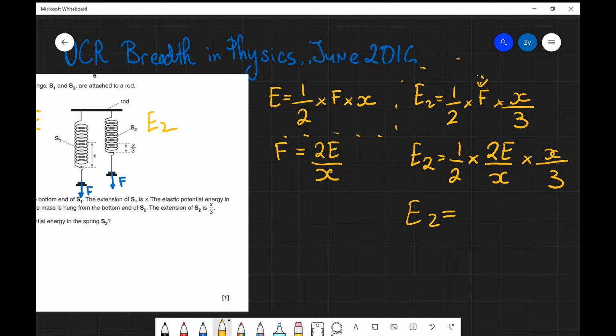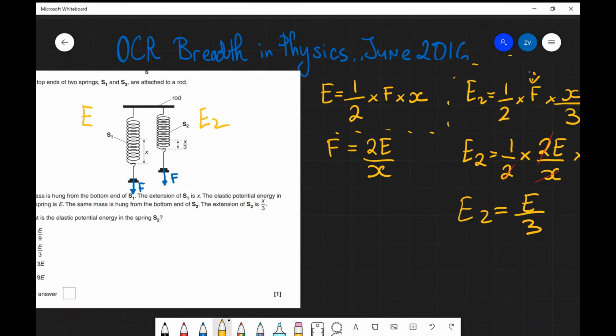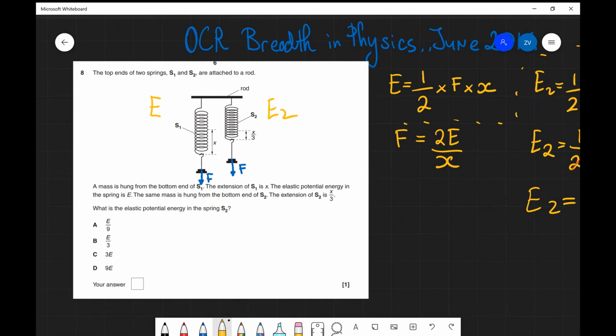So those 2's are going to go, so be gone 2's. Additionally, the X can be cancelled out. And before we know it, we're left with just one expression, which is E over 3. So the correct answer is B, E over 3.